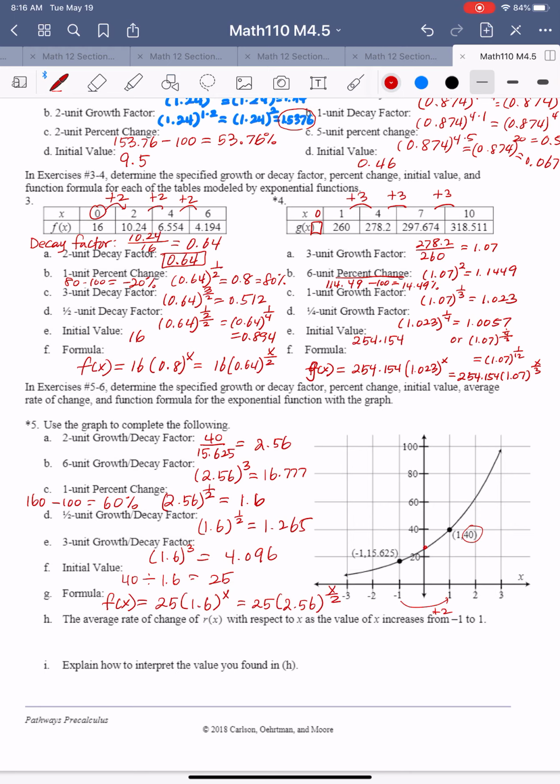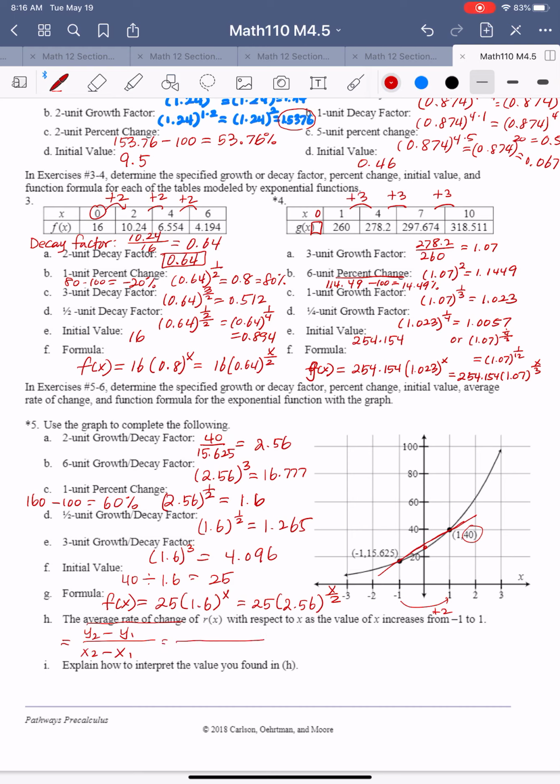So the average rate of change of y with respect to x as the value of x increased from -1 to 1, which is the average rate of change, is about the slope. So we are looking for the slope of the secant line through these points. So same thing, using y2 minus y1 over x2 minus x1.